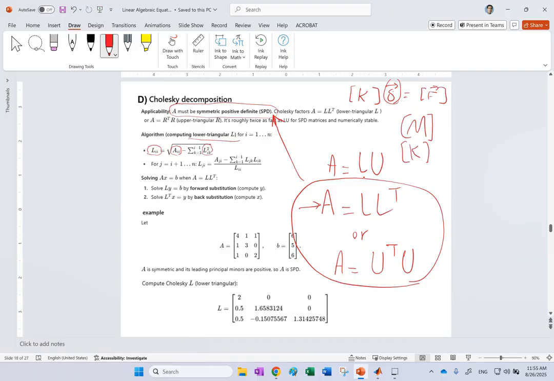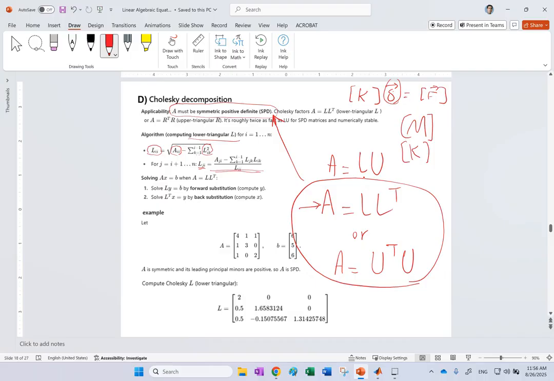So this first gives you the diagonals in the L, and then you can find the off diagonals in the L based on this formula. So once you have the diagonals and off diagonals in the L matrix, that's all you need to do.